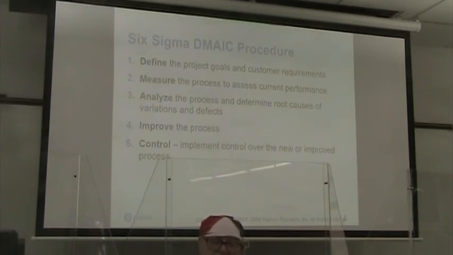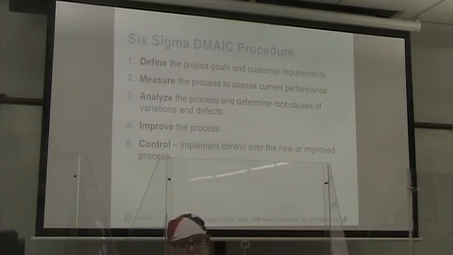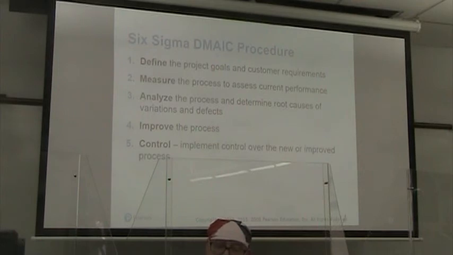Third is we analyze the process and determine the root cause of variations and defects that arise from it. The fourth is we improve the process, trying to eliminate those root causes. And then 5 is we control. We have control over the improved process to eliminate those root causes for variations and defects. So this is known as the DMAIC procedure.